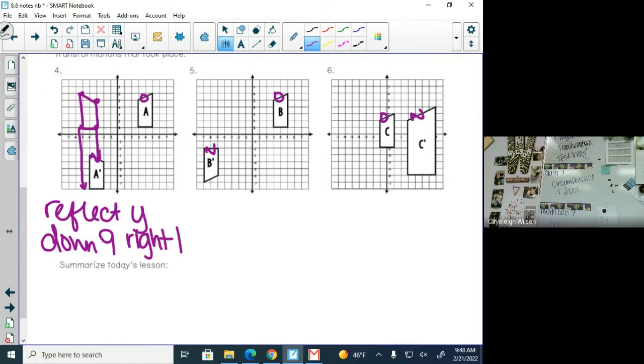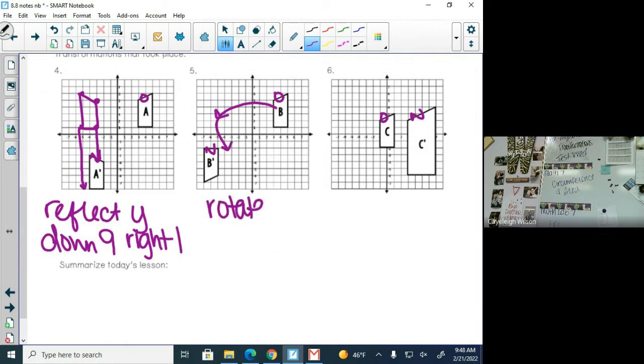All right, number 5. Well, what do we think here? A rotation? Yeah, it's a rotation. It's a rotation because of the shape there, okay? And then what? The one on the left too? Okay. All right, so I would rotate this. Well, this is 90, so this would be 180.